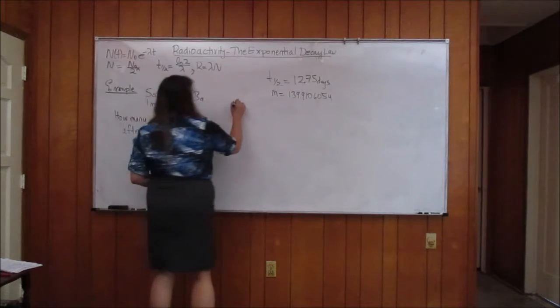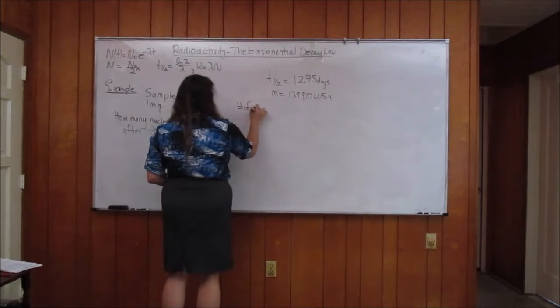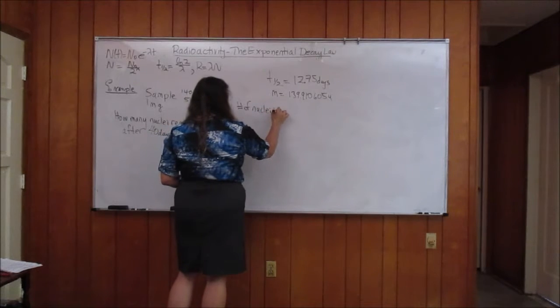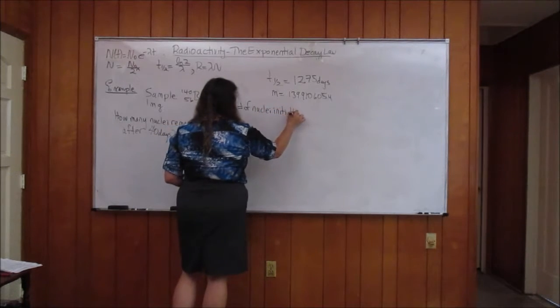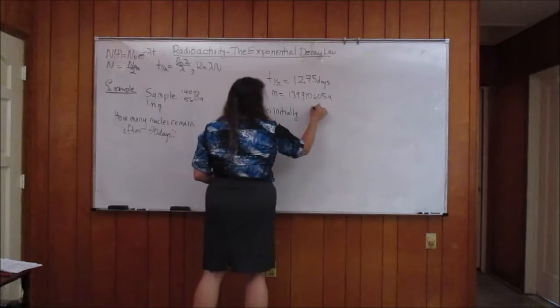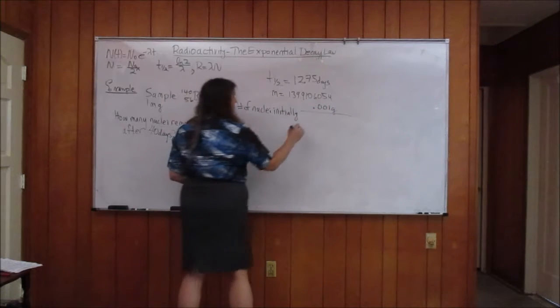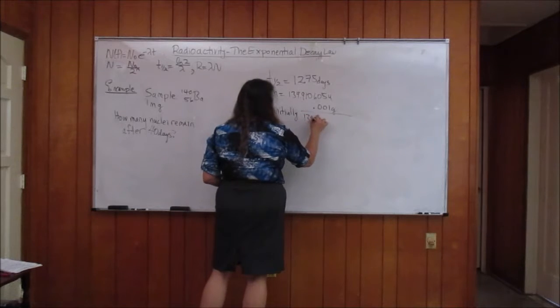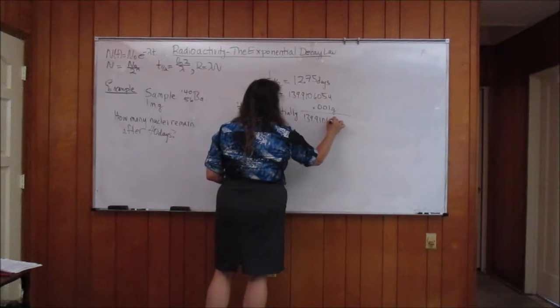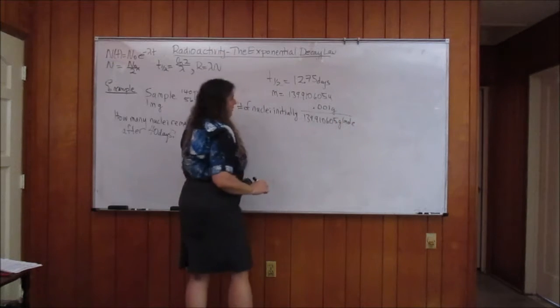So the number of nuclei initially: we got 1 milligram, so that's 0.001 grams. And furthermore, there are 139.910605 grams of this species in a mole.